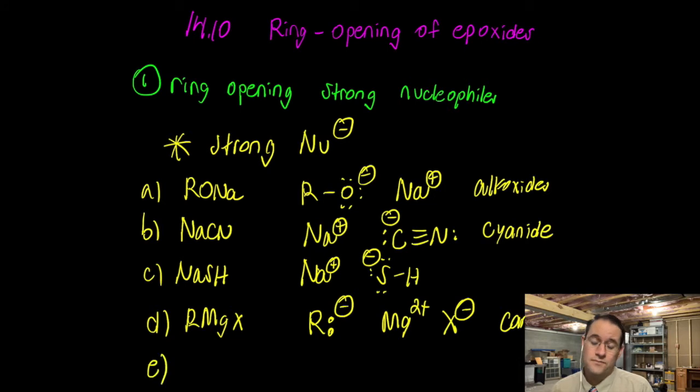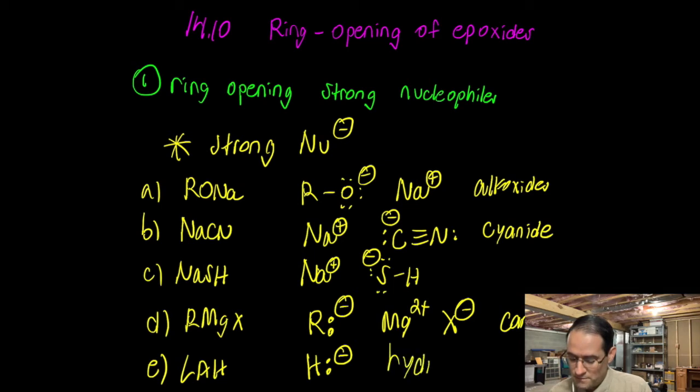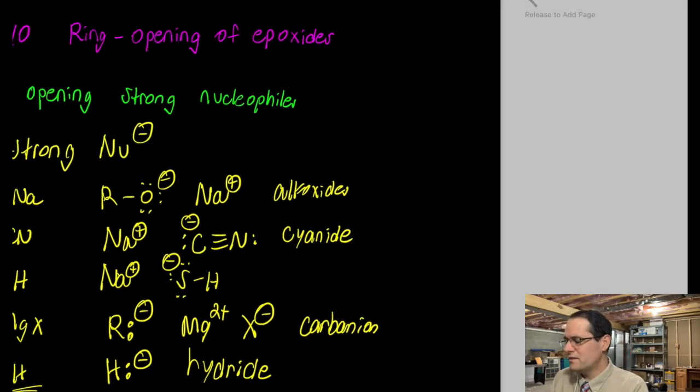They can also come from acetylides, okay? Lithium aluminum hydride, LAH, is a source of hydride, okay? And so the hydride there is a very strong nucleophile when it comes from lithium aluminum hydride. Okay, so let's take a look at some of these chemical reactions now.